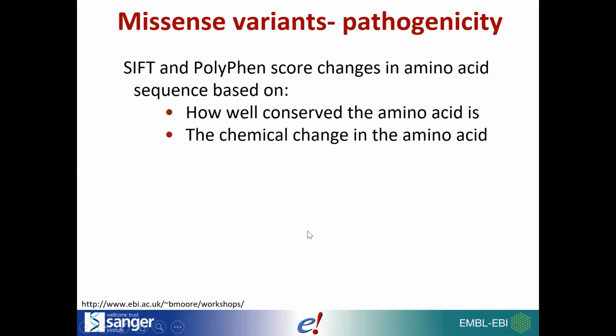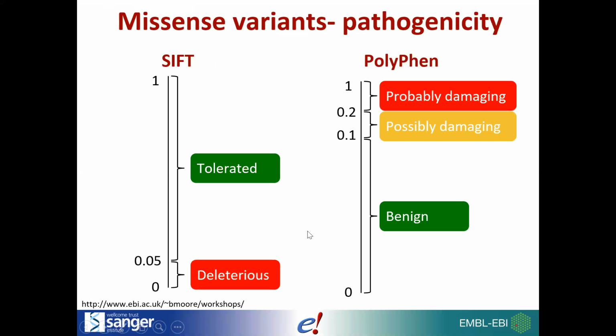And now these two algorithms have scales from 0 to 1, but they are kind of reversed, so that in the SIFT scale, number 1 means totally harmless, or a variant which is predicted to be harmless.